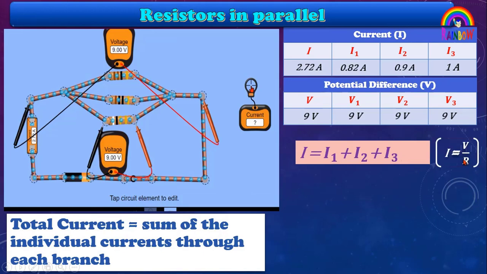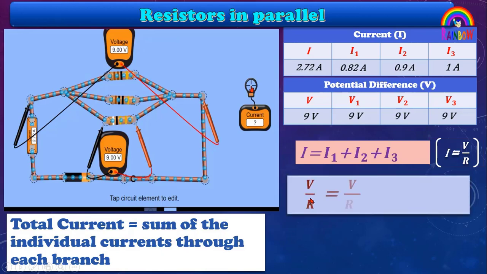By Ohm's law, we have I is equal to V by R. So, we can write I is equal to V by R and I1 is equal to V by R1, I2 is equal to V by R2 and I3 is equal to V by R3. So, V is common here.